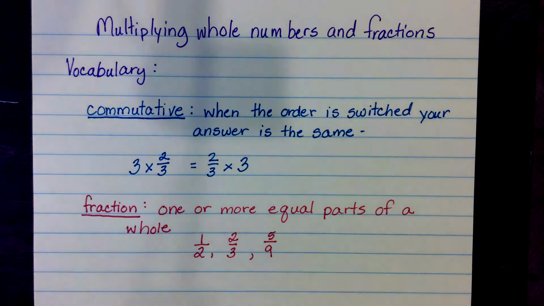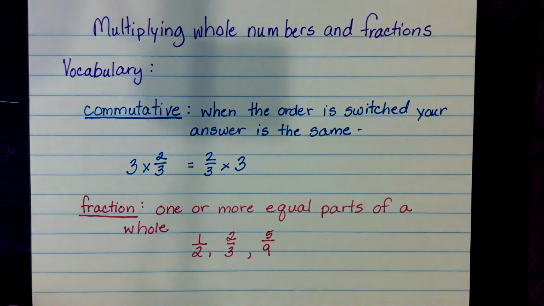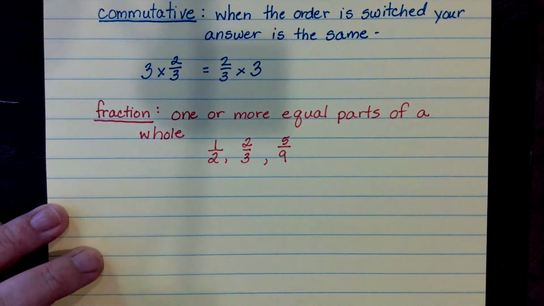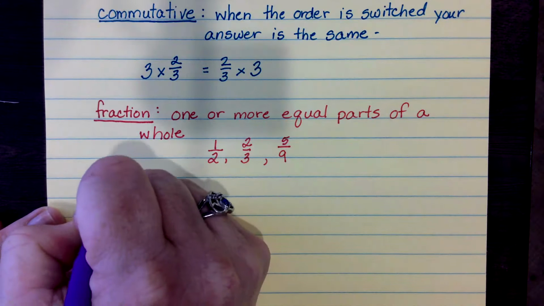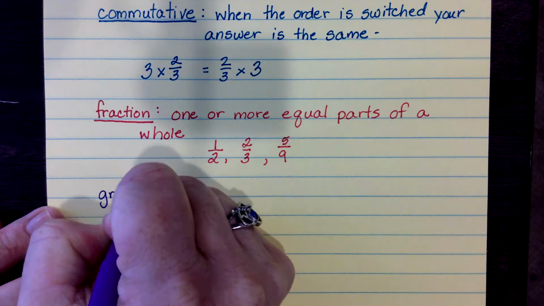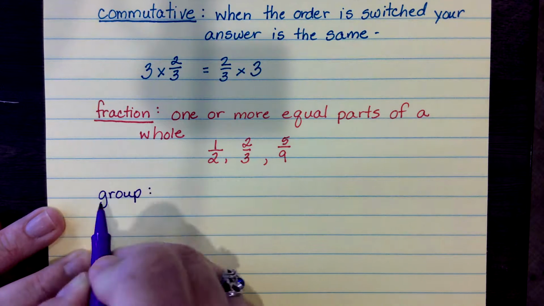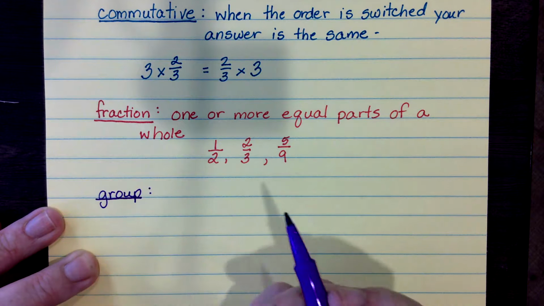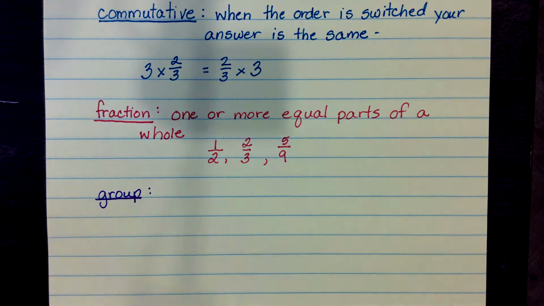All right. The third word in your vocabulary words is the word group. Remember that when we talk about fractions, we're talking about groups of things. When we talk about multiplication, we're talking about groups of things.